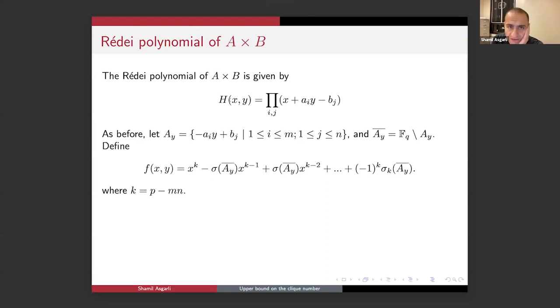The indices are missing here, sorry about that. This is just sigma_1 and sigma_2 and sigma_3 all the way until sigma_k. So these are just the elementary symmetric functions on the set A_y bar.